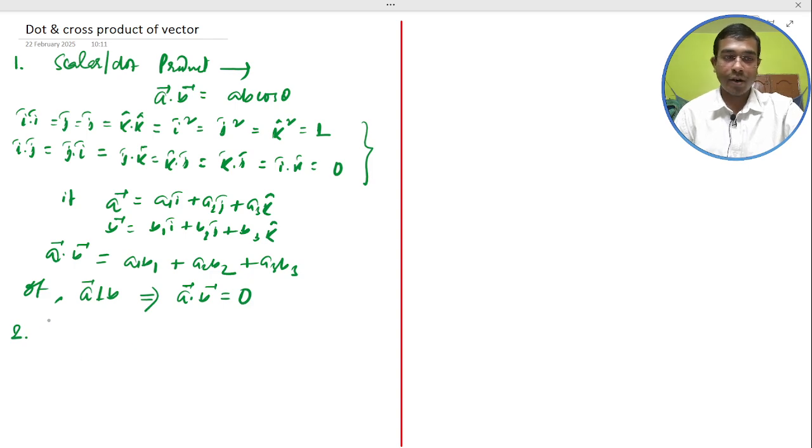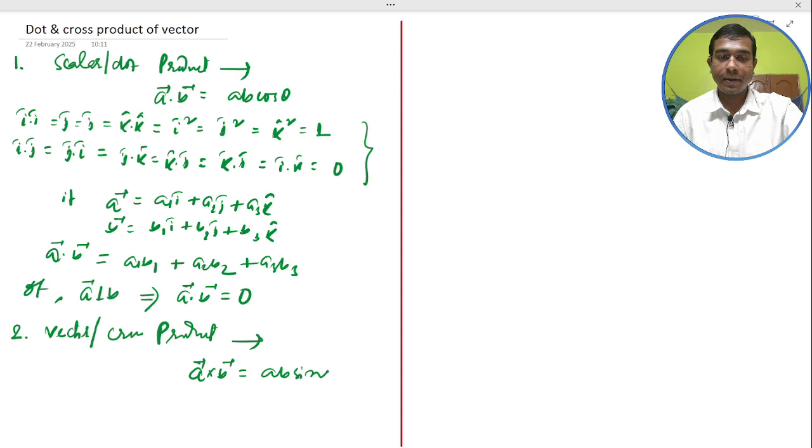Number 2, vector or cross product. A cross B is defined as AB sin theta in the direction n cap, and the magnitude is AB sin theta. The direction is perpendicular to both A and B, where n is a unit vector.